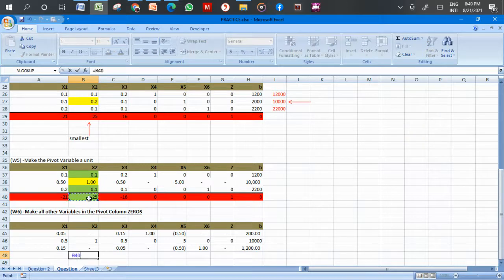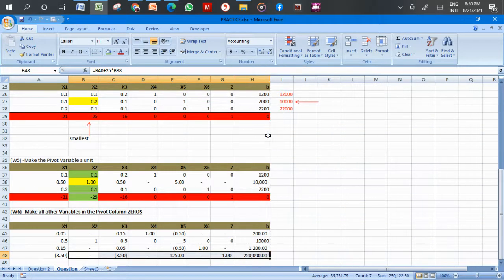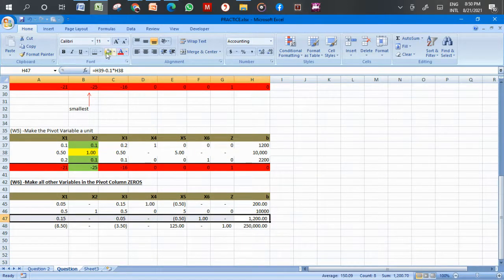Of course, we say minus 25, then plus 25 multiplied by the pivot row. Now we have a 0. Then we can copy the formulas to the other cells. Okay, voila, that's where we are now.